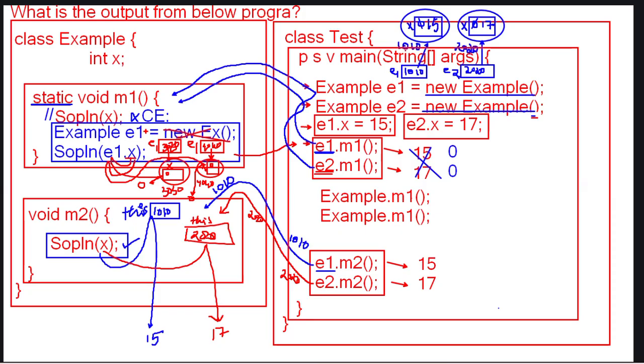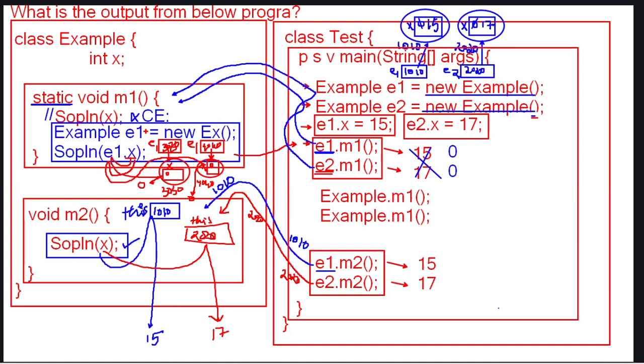Write the diagram. Create two objects. E1.m1: create E1, reference 0, reading 0. E2.m1: again another new object is created in M1 with the same name E1.